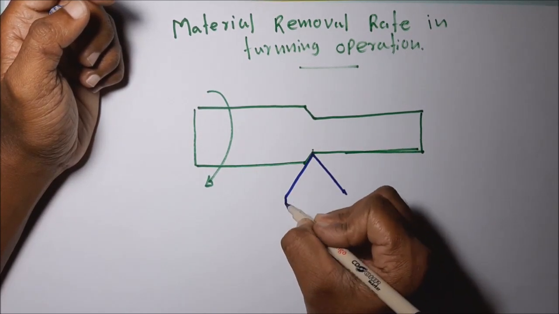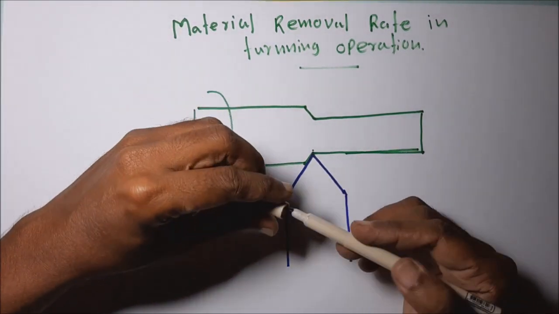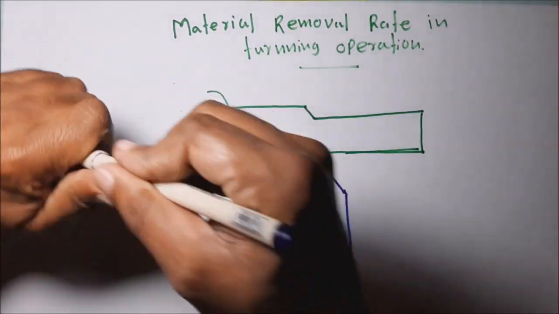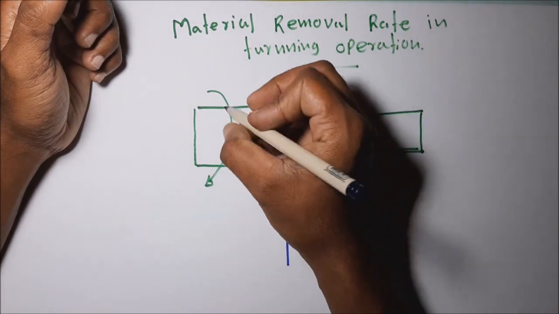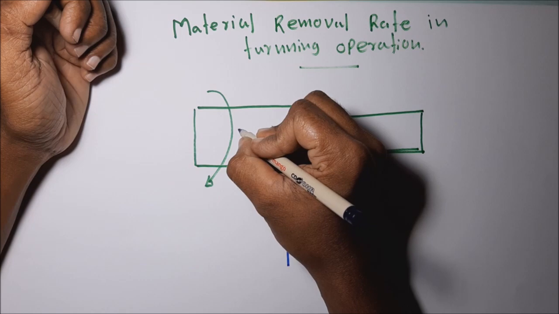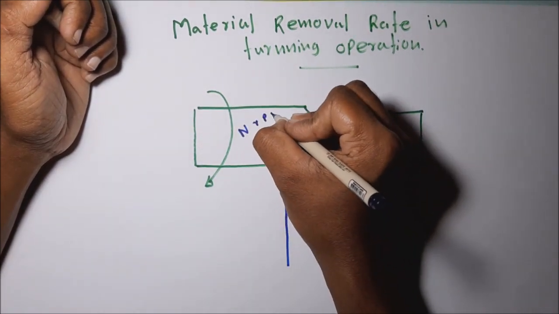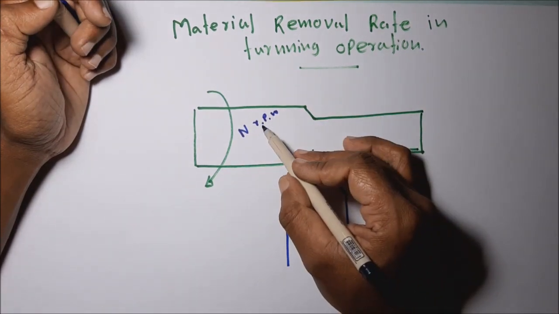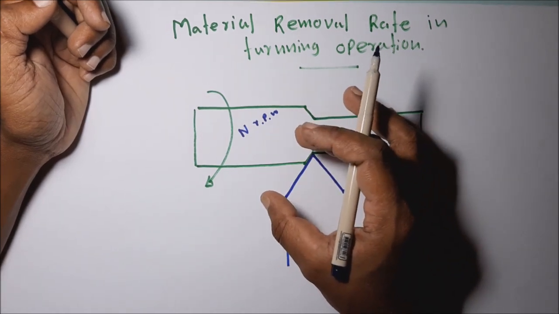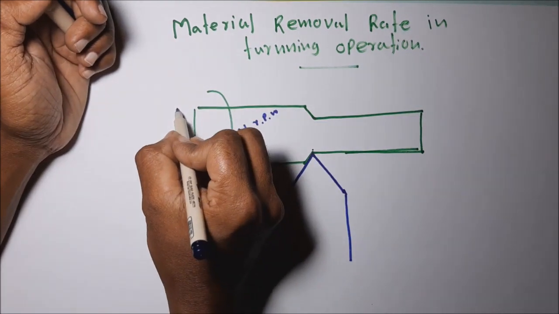In turning operation you reduce the diameter of a workpiece. To reduce the diameter, the workpiece rotates against the cutting tool with a rotation velocity, let's take it as n in rpm, revolutions per minute. That means in a 1 minute period it produces n revolutions.